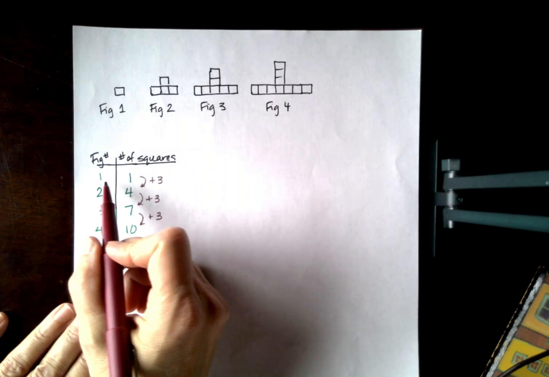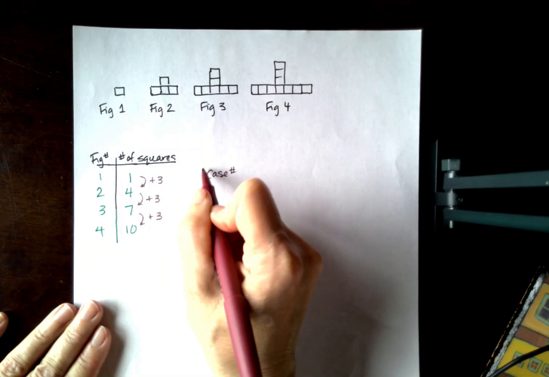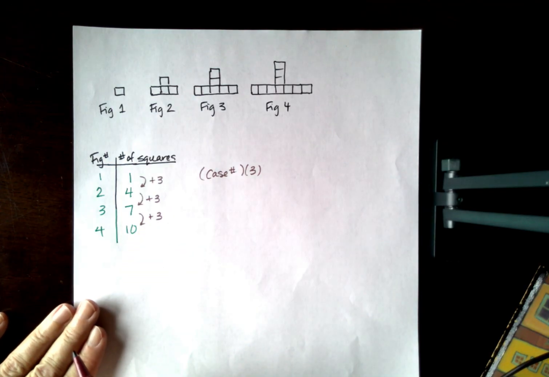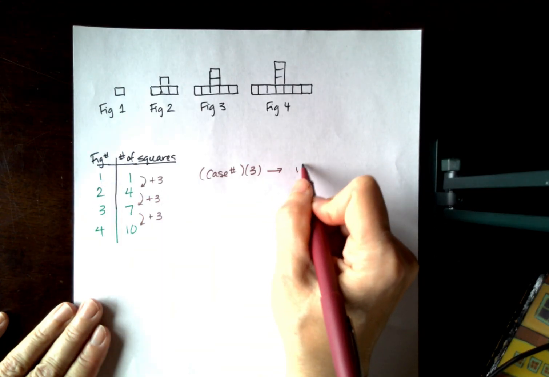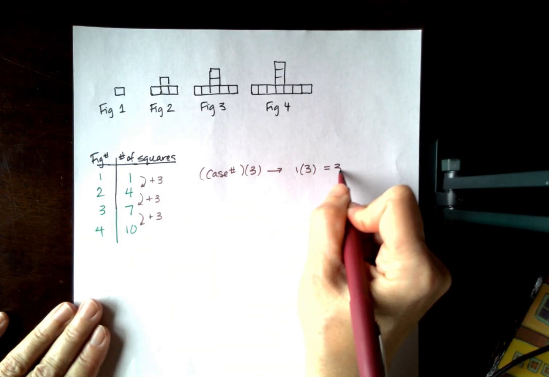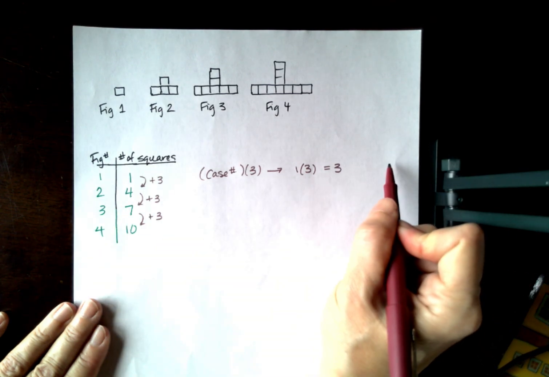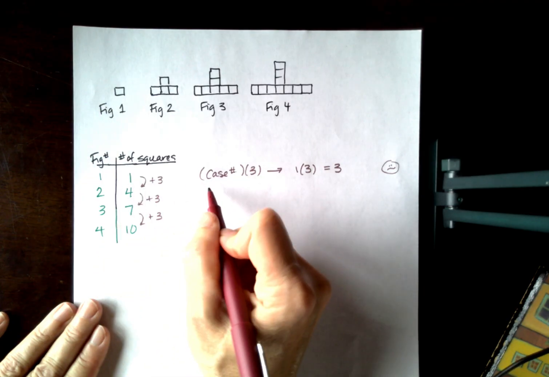So if I came along and said, let's take the case number and multiply by 3 for all of these repeated additions, let's see if that works for us. If I do case number 1 and multiply it by 3, I get 3. And I wanted to get 1. And this is not looking good. Let's try case number 2.